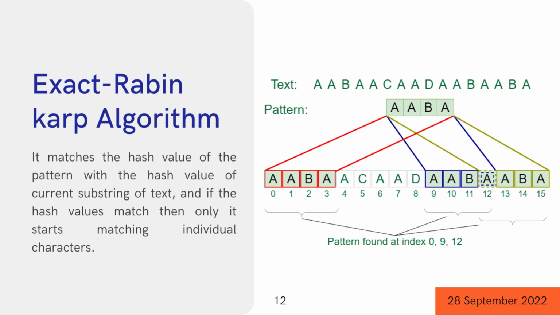If the pattern hash value and the text hash value match, then it will check which characters are matching. Without this condition being true, the character checking will not occur.